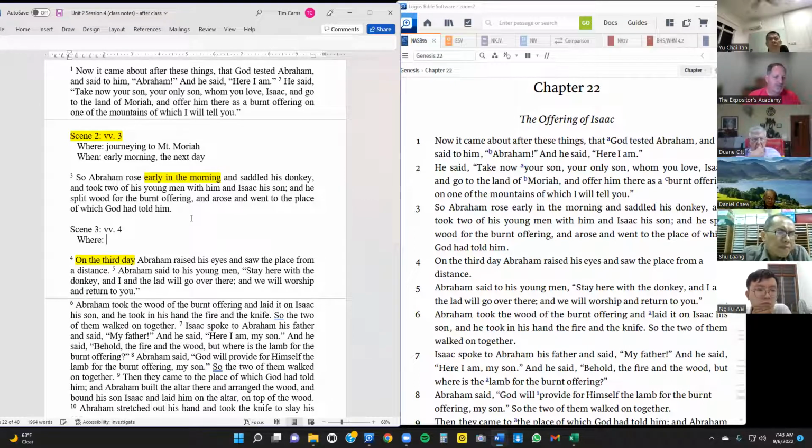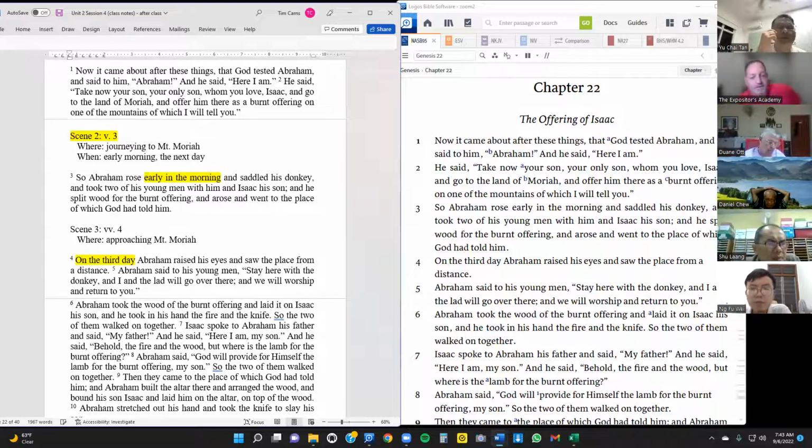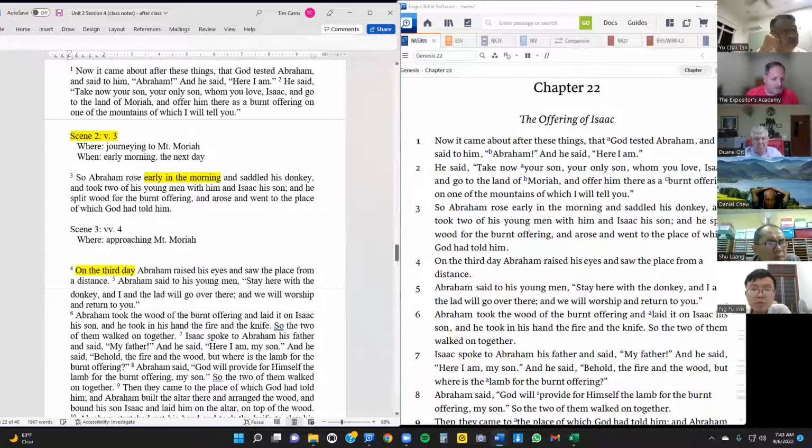And where does it take place? Is it the place where God appointed Abraham? Yes. He's approaching Mount Moriah, right? And when it says on the third day, on the third day from when? So from verse 3?